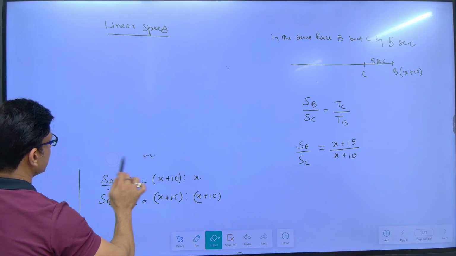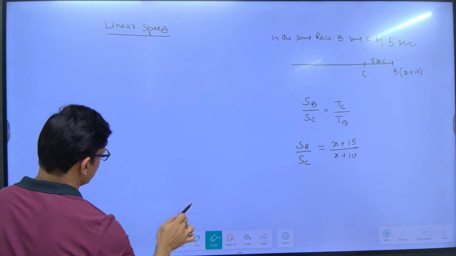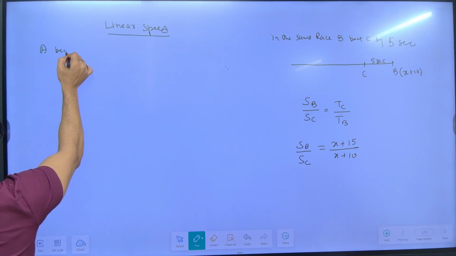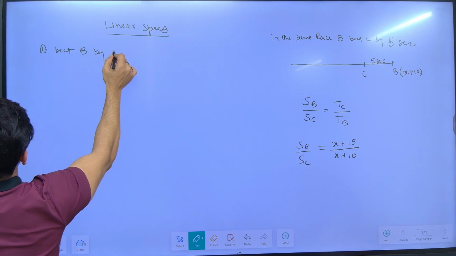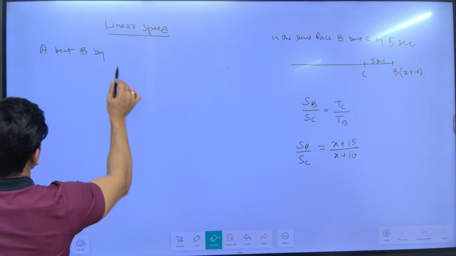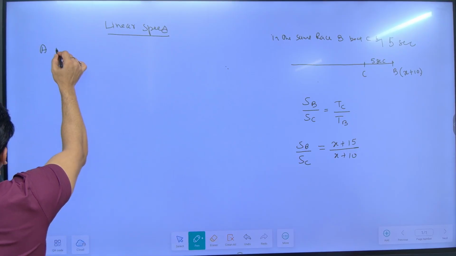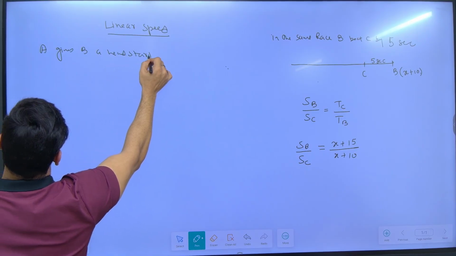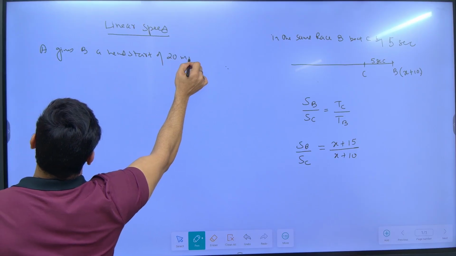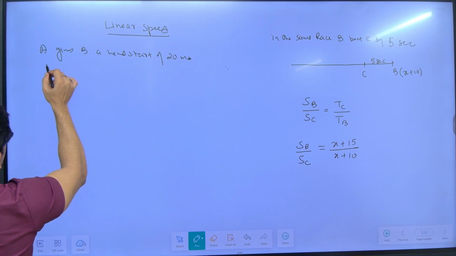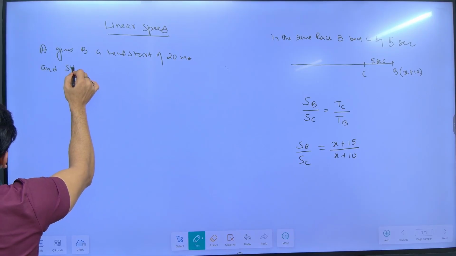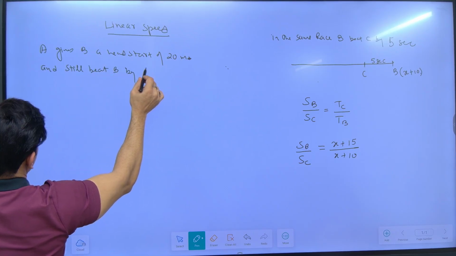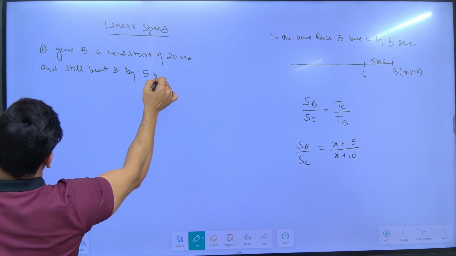Frame this question that A gives B a head start of 20 meter and still beats B by, let's say, 5 meter, something like this, right?